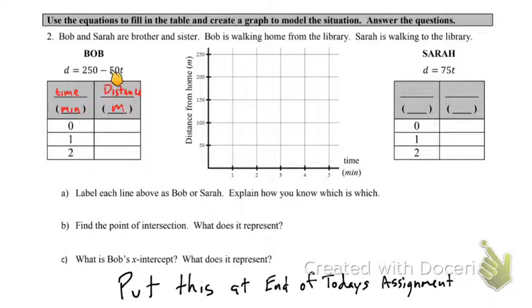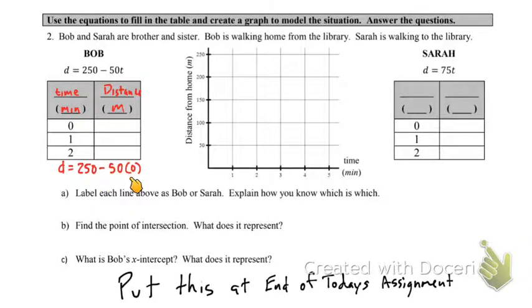We're going to input 0 and get an output of distance. So d equals 250 minus 50, and then our t for this one is going to be times 0.